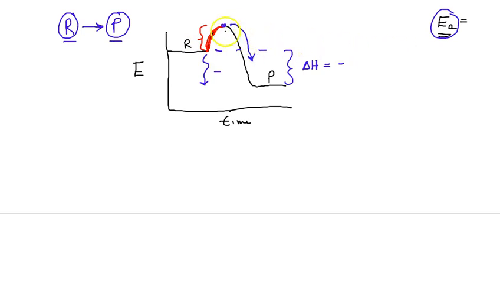Again, very important, the size of this value from here to here is related to the value of your rate law constant. As you remember, rate is equal to the rate law constant k times, let's say, the concentration of a reactant. Let's pretend it's first order.